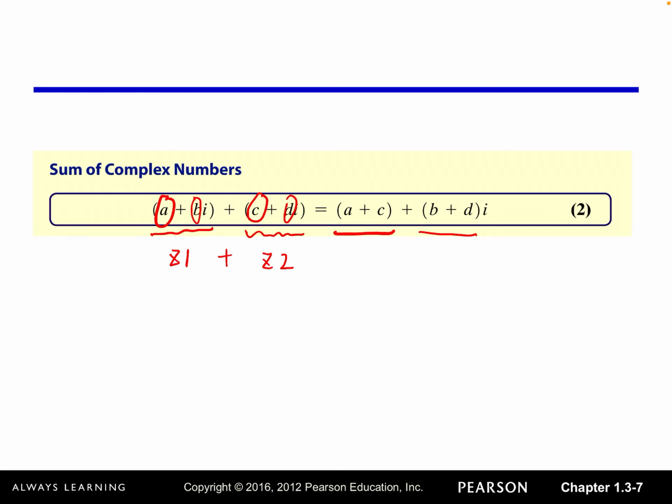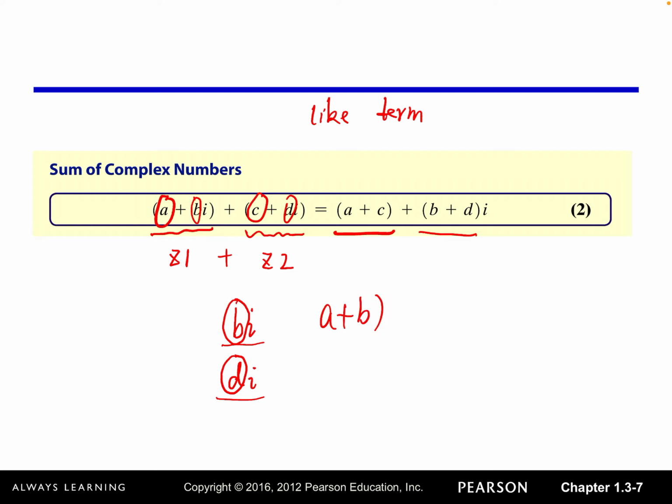So pretty much it's like combining like terms in the real number system. If you just consider i as a variable, then in bi, b is the coefficient, and in di, d is another coefficient of the variable term. So they are like terms, and only like terms can combine.